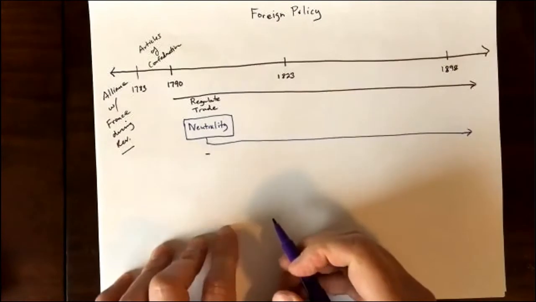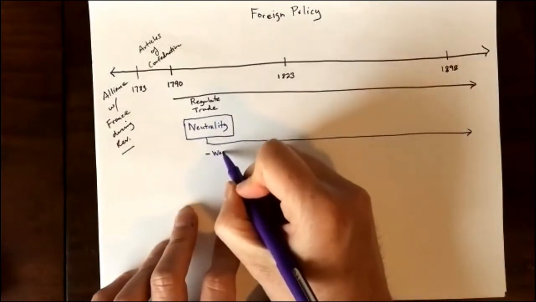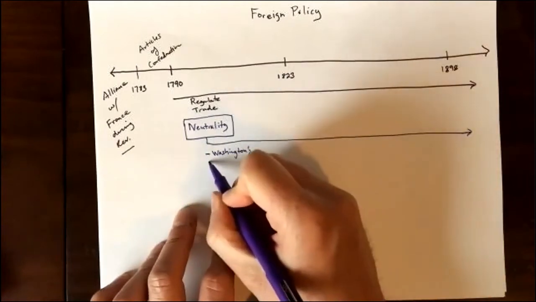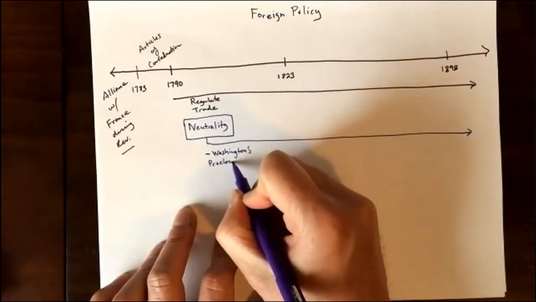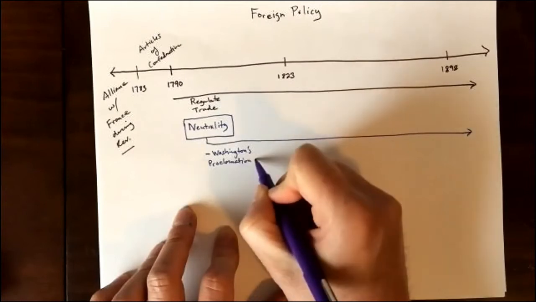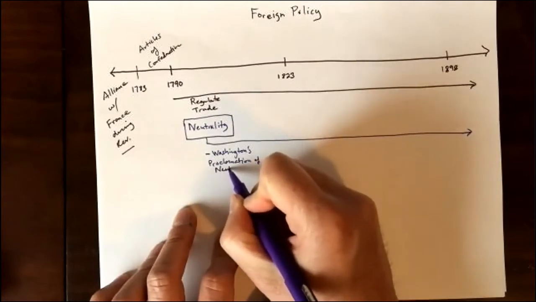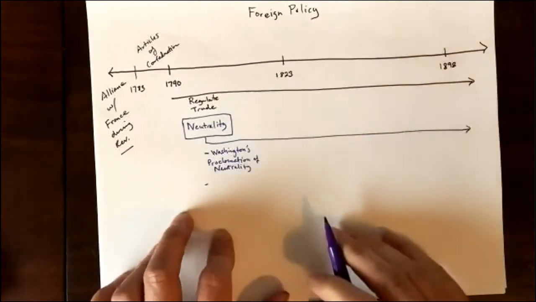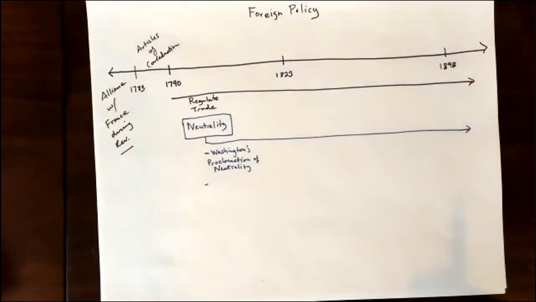And it begins with Washington's proclamation of neutrality. So that's the beginning of it, where Washington decides to take this official stance in which he says that the United States is not going to get involved in the French Revolution.